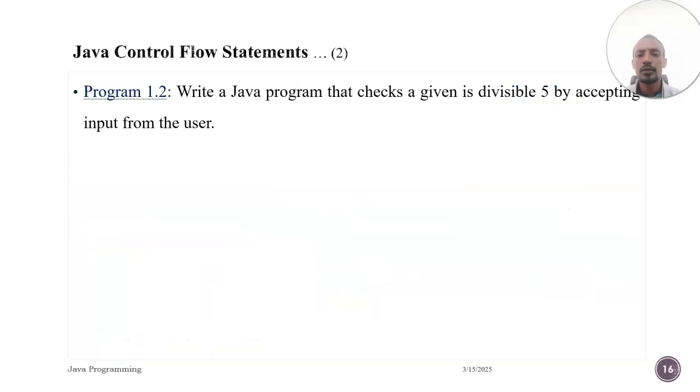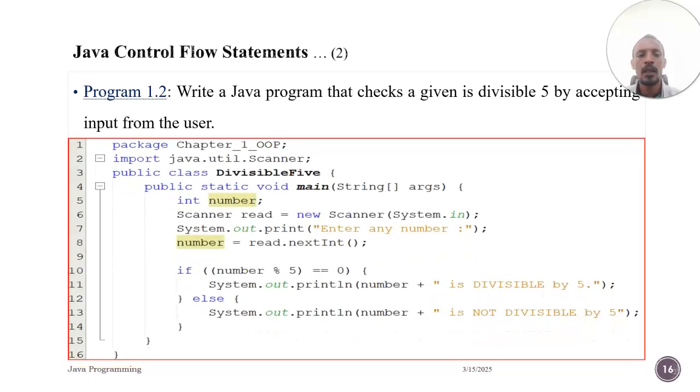Let me see one example. In practice, using NetBeans, we'll see in another lecture. Now, what it says: write a Java program that checks whether a given number is divisible by 5 by accepting an input from the user. So what we'll do here, we're going to have a package.